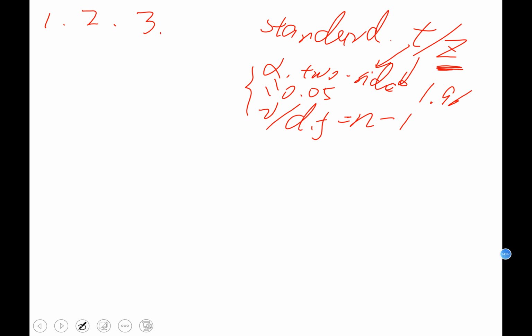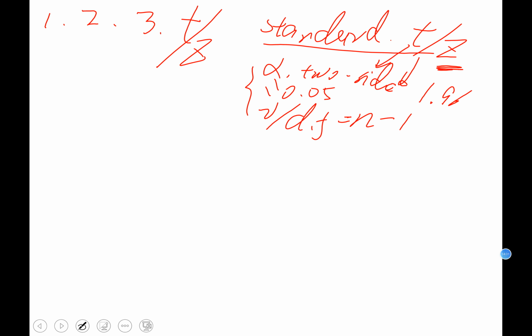And then you need to compare the t value which we calculated in step 2 with the standard t or z value which we get from the table. Sorry, it's t or z here. We need to compare the test statistic, the t or z value, with the standard value we get from the table.